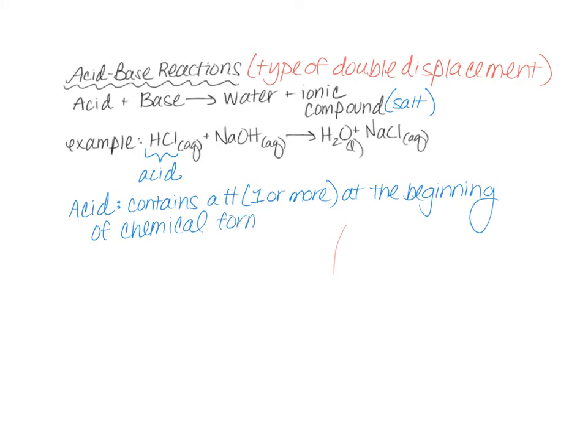So that's how you will be able to identify them in this class. If you see a chemical formula with hydrogen in front, you can likely assume that it is an acid.